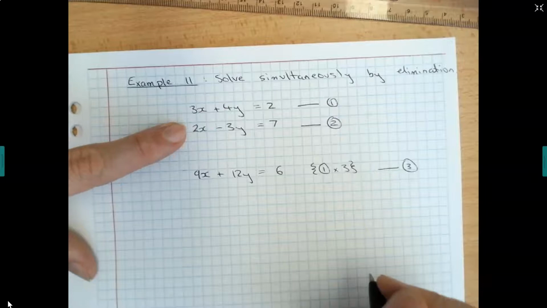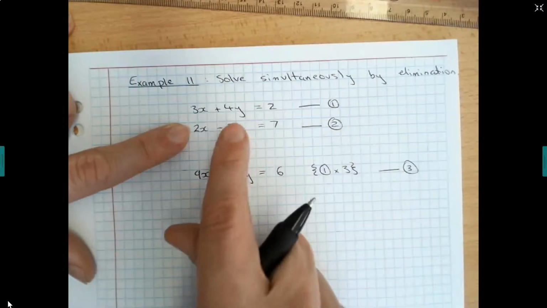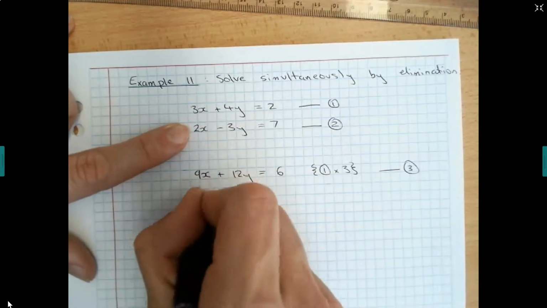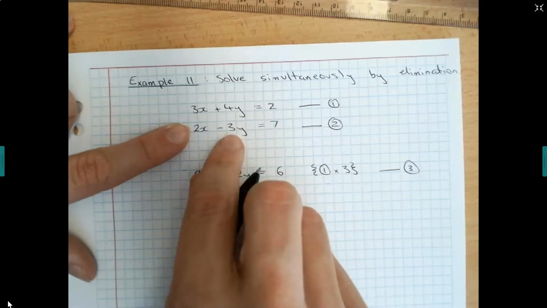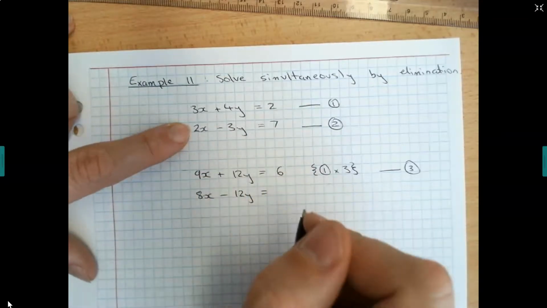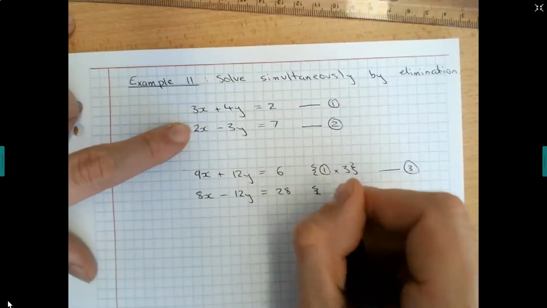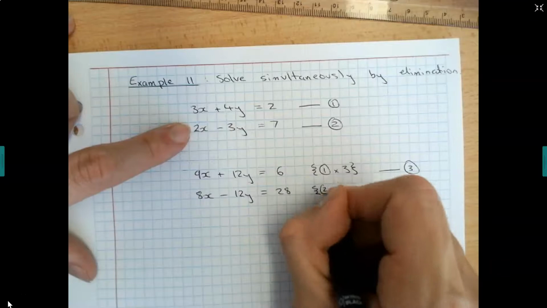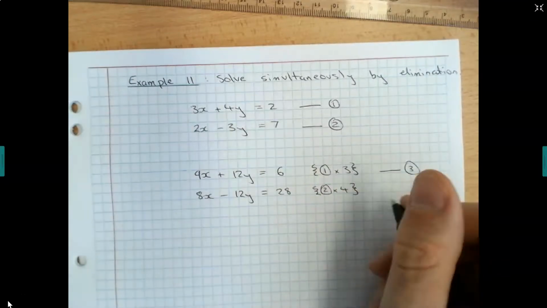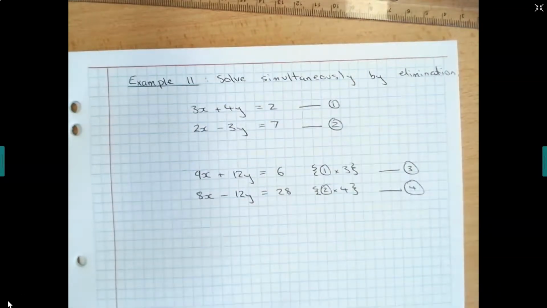Then here, if I multiply each of those terms by 4, because then I'll get a negative 12 here, this becomes 8x minus 12y is equal to 28. So I've multiplied equation 2 by 4, and I'll call that equation 4.